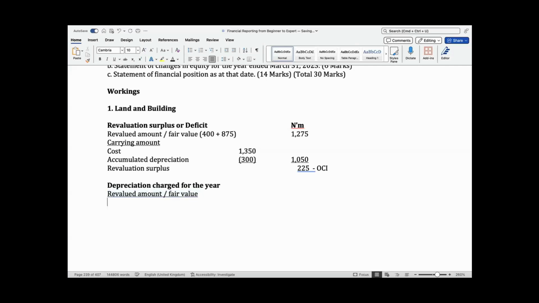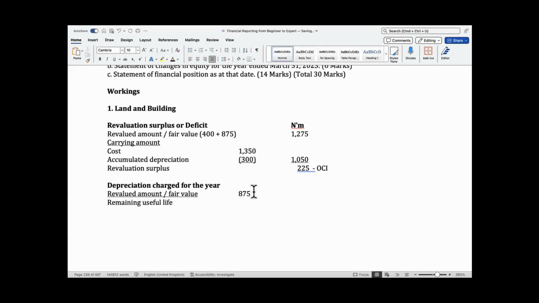The remaining useful life. In this case, the revalued amount of these assets is how much? 1,125,000, I think. No. See what I wrote on the board?